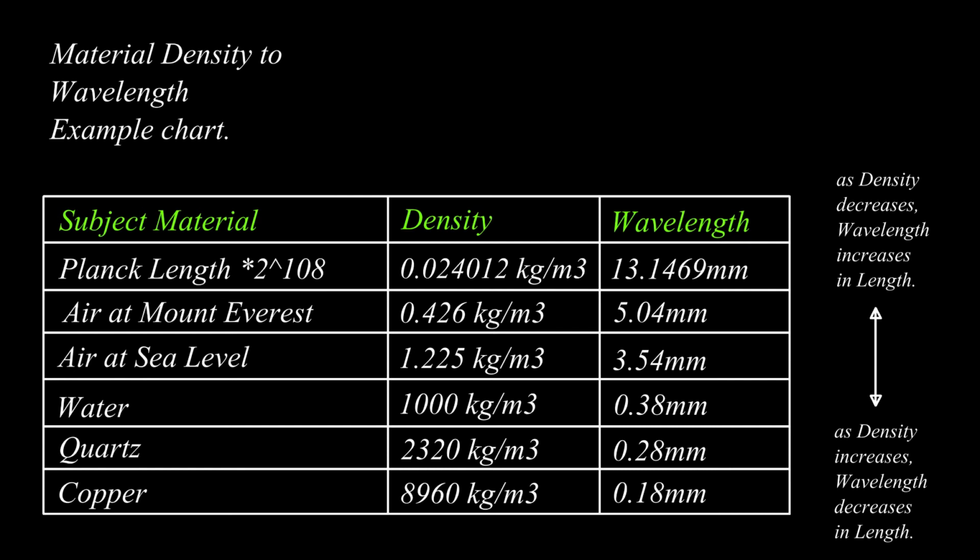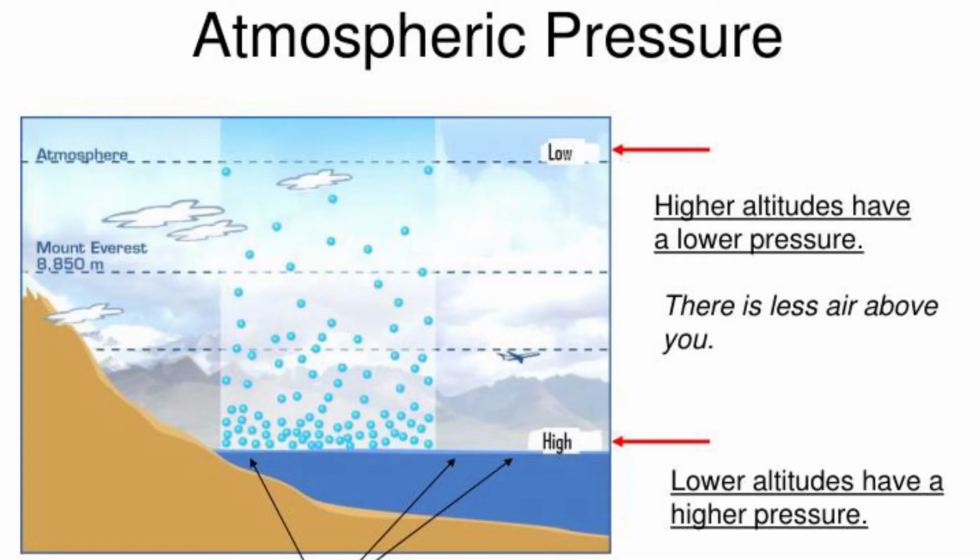And so as a visual tool, as density decreases, wavelength increases in length, and as density increases, wavelength decreases in length. And here is a slide just to show how this visually looks.